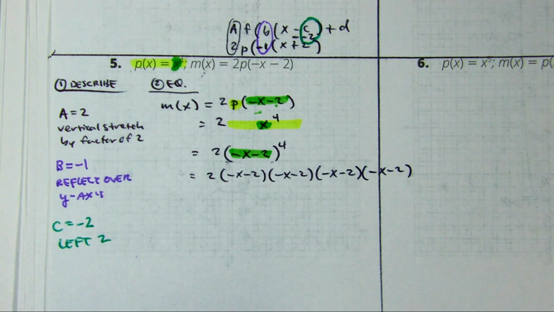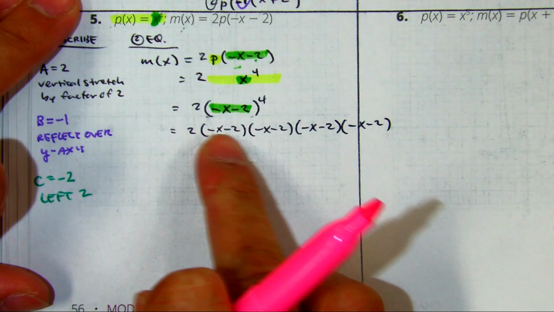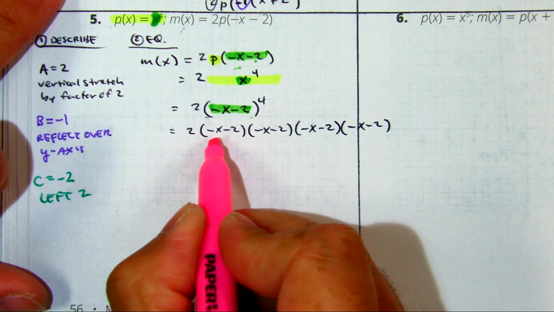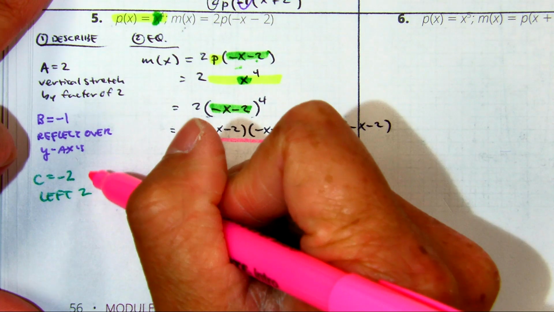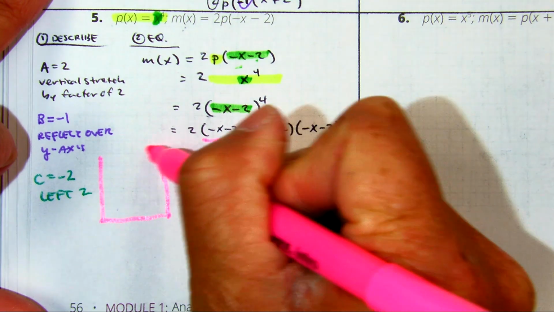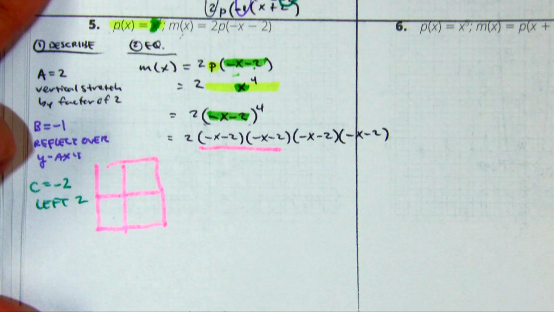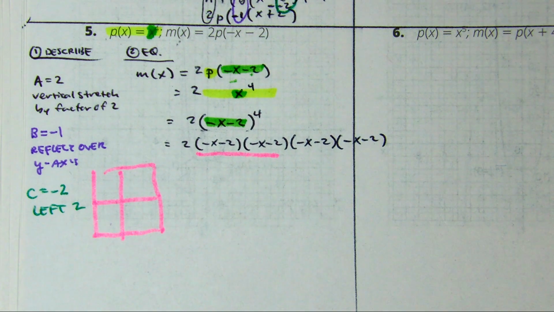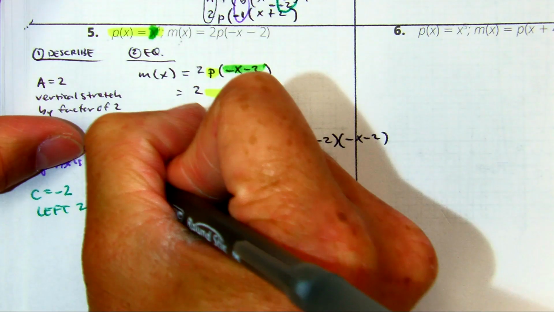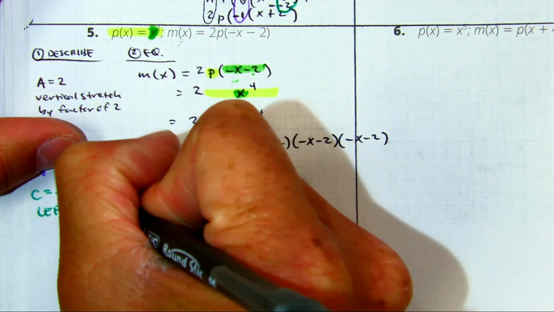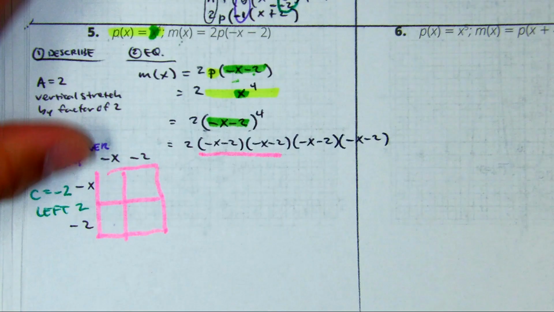And when you're multiplying binomials times binomials, you can either use FOIL or this box method I'm going to use. And FOIL and the box are the same. Essentially what you're going to do is you're going to multiply first, and then you're going to add.